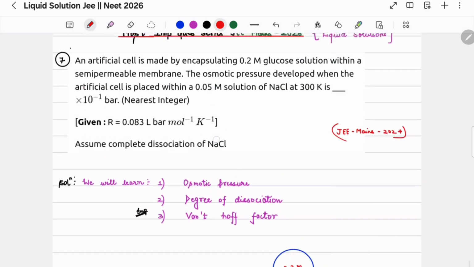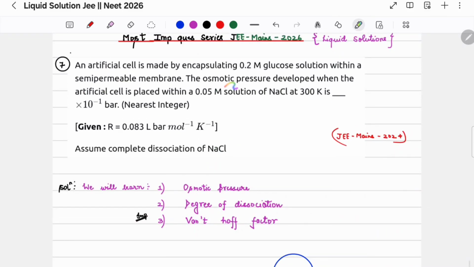What is that solution? You can see very clearly they are telling it is going to be put into the 0.05 molar solution of NaCl.